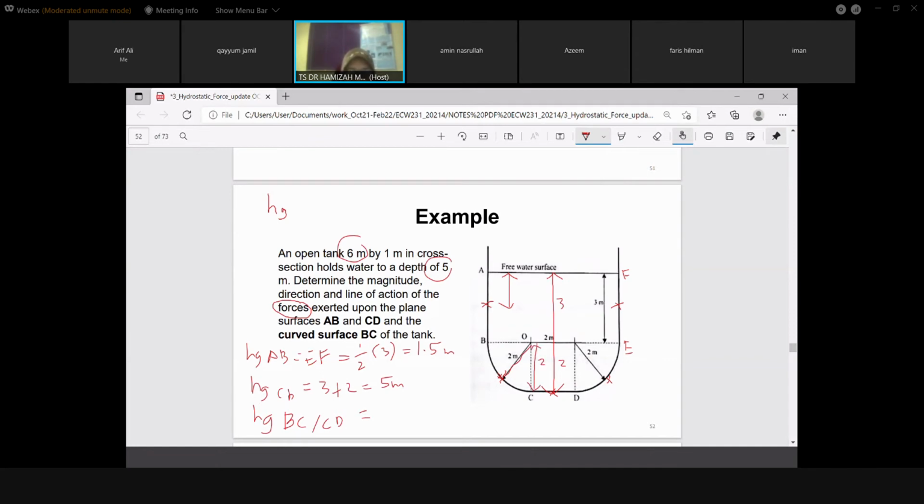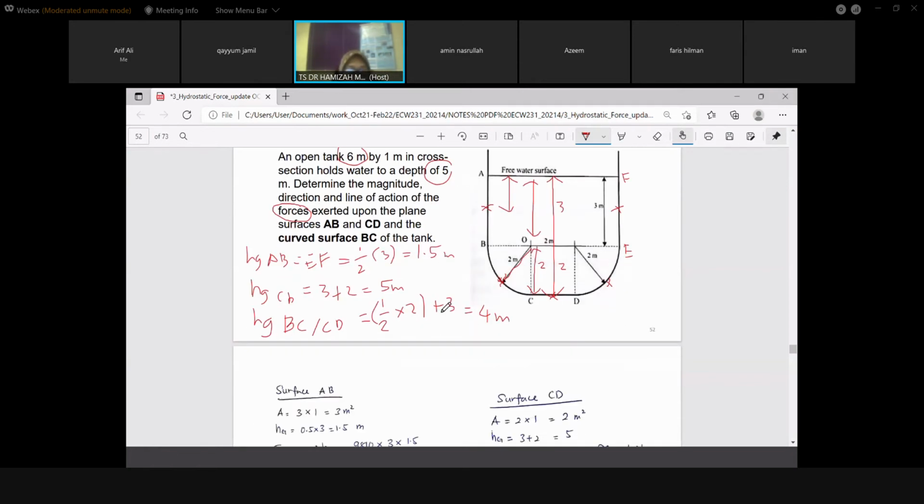Okay, half of the vertical height, and then tambah dengan H yang ke atas ni 3. So, you get 4. 1/2 kali 2, 1 tambah 3, 4.